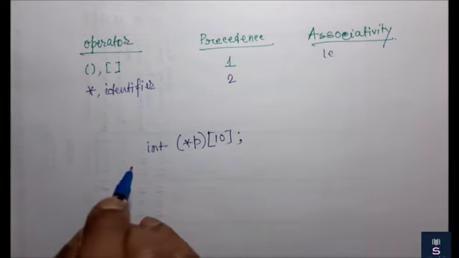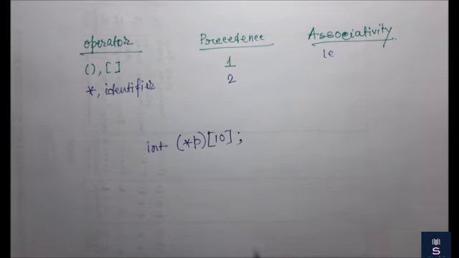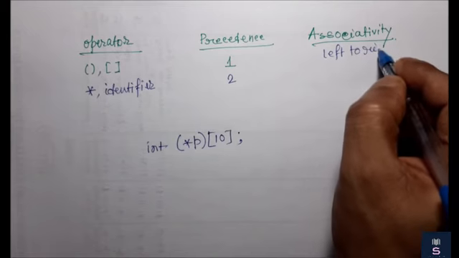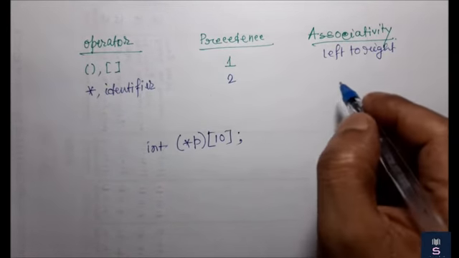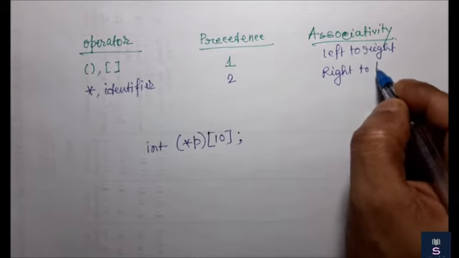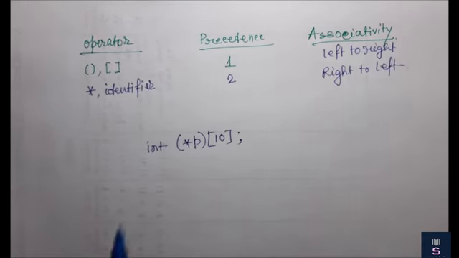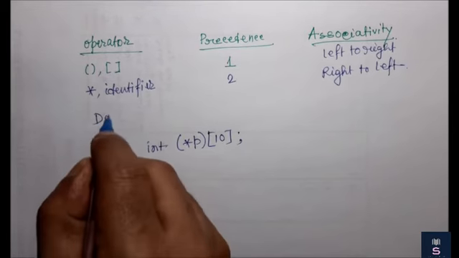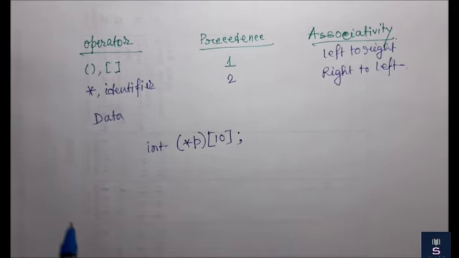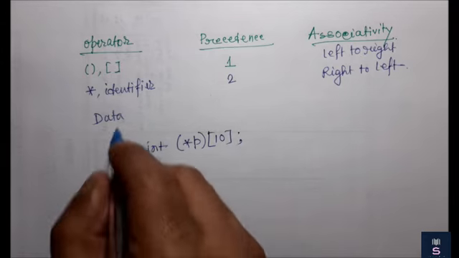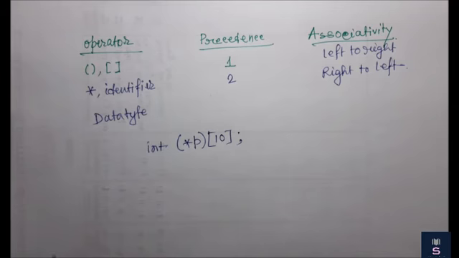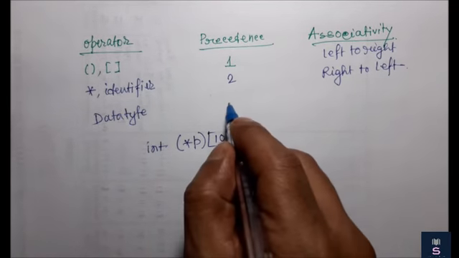That means I will read from left to right. The second one is right to left. And if there is any data type, because you already know int is a data type, the precedence is 3.